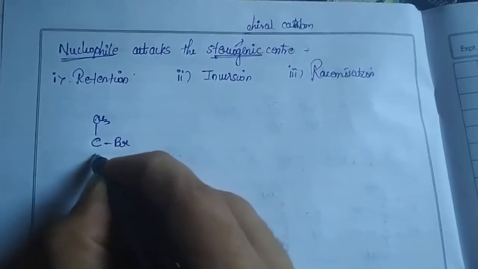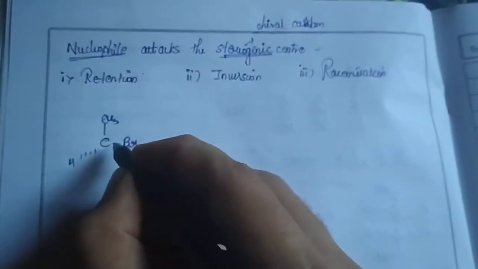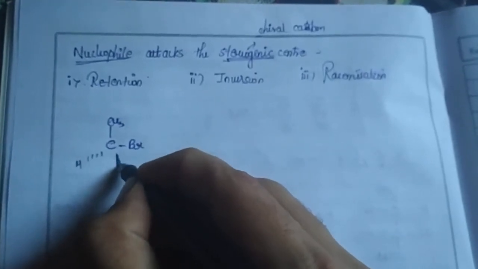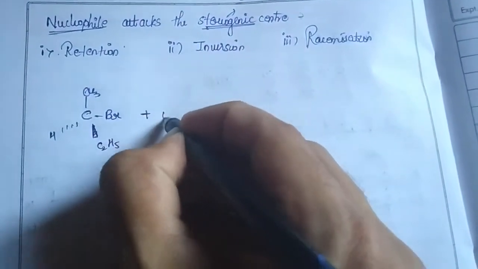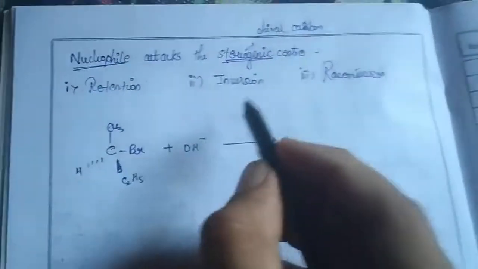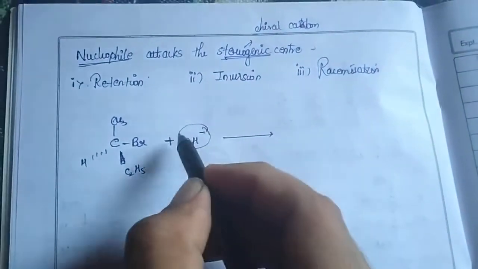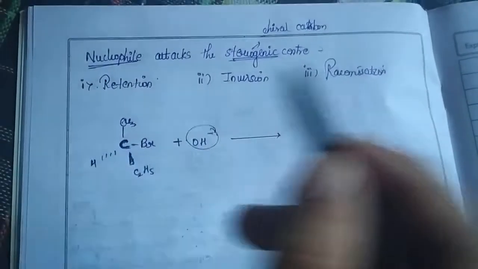C with CH3, Br, H, and over here C2H5. Can I write it in this way? Plus OH minus. So this nucleophile is going to attack our stereogenic center, which is our chiral carbon.